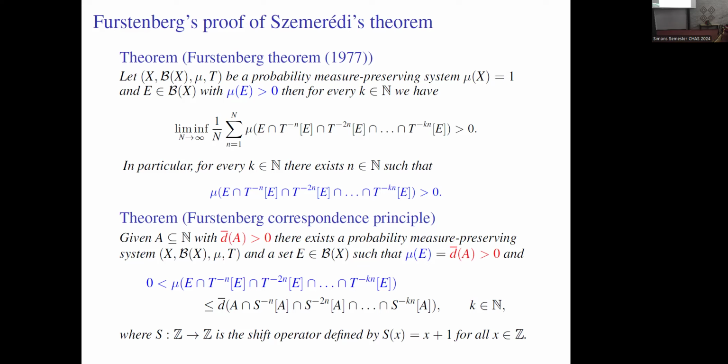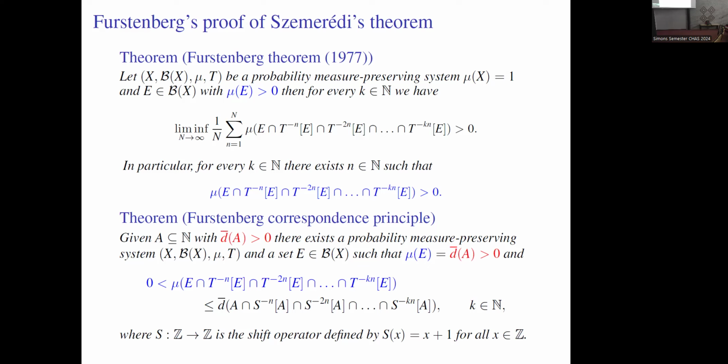Instead of thinking about the set of integers itself and the shift operator, we start to think about subsets of integers and transfer everything to the Cantor set, where we have a nice compact structure and moreover a shift operator acting here.